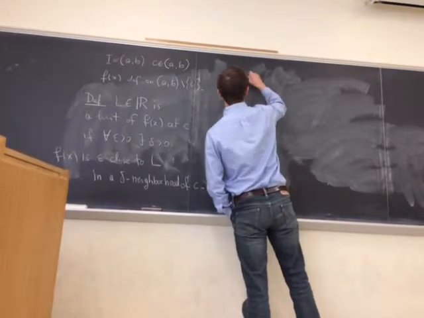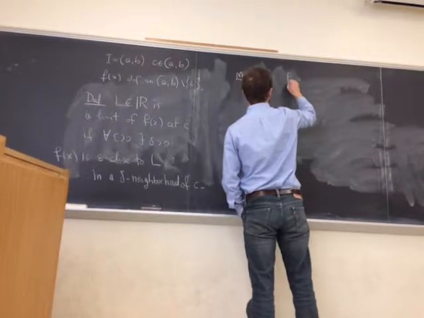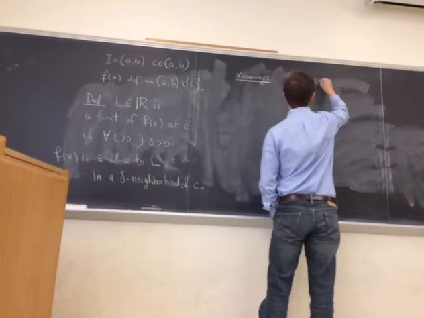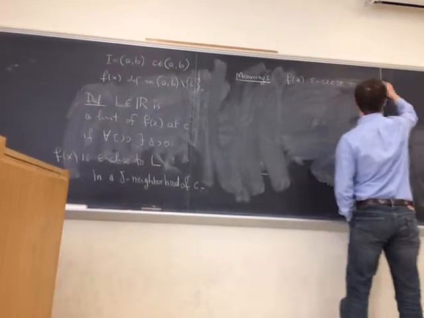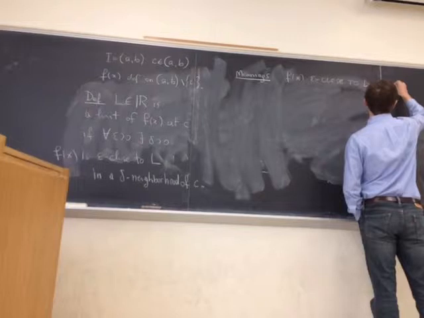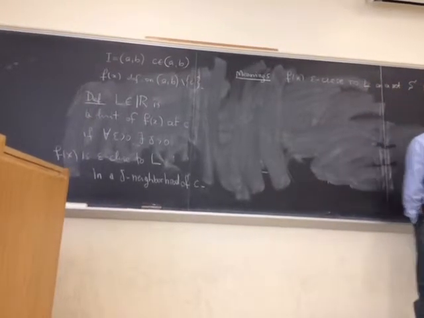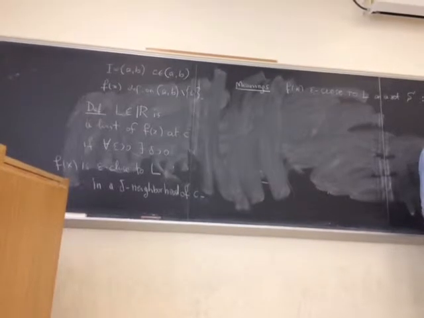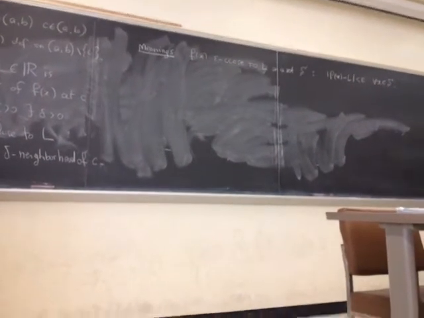So f of x epsilon close to L on a set S. By this I mean that the absolute value of f of x minus L is less than epsilon for every x in my set S. Okay?